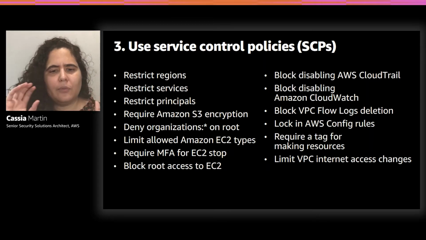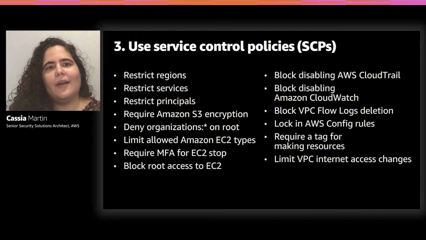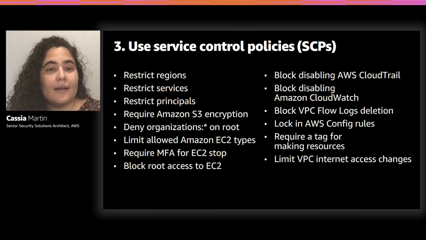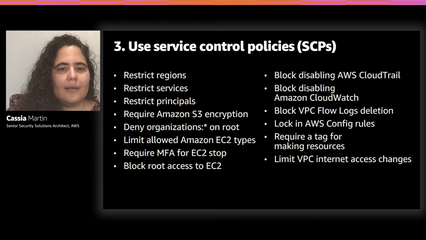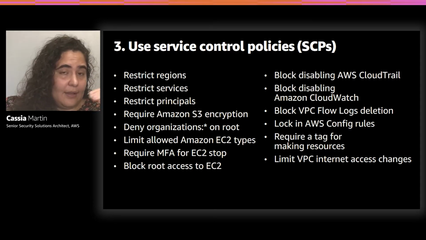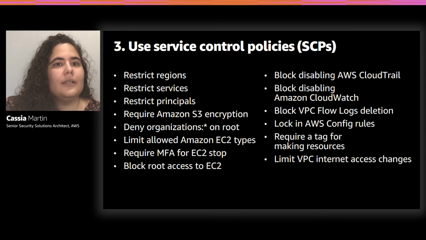It basically lets you write rules about what that account is allowed to do. So you can define a list of APIs that are allowed, or define a list that's blocked, that can't be overridden by a local administrator. So even the root account in something that has an SCP applied to it will still be strictly controlled by that SCP. So after you group your accounts into OUs, you should apply SCPs for guardrails.